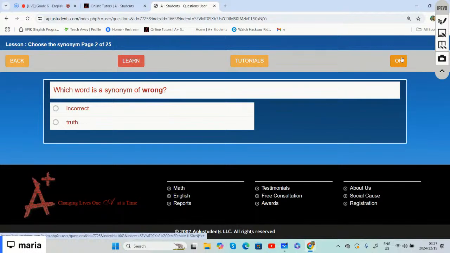All right, the next one says which word is the same as the synonym of wrong? What is another word for wrong? Incorrect, option one, or truth, option two? Which one is correct?